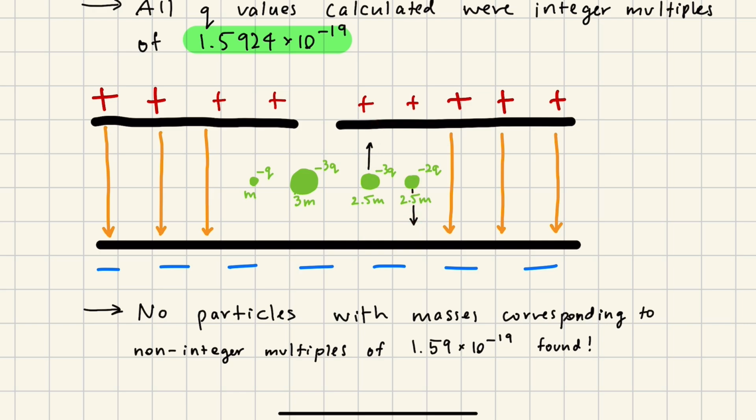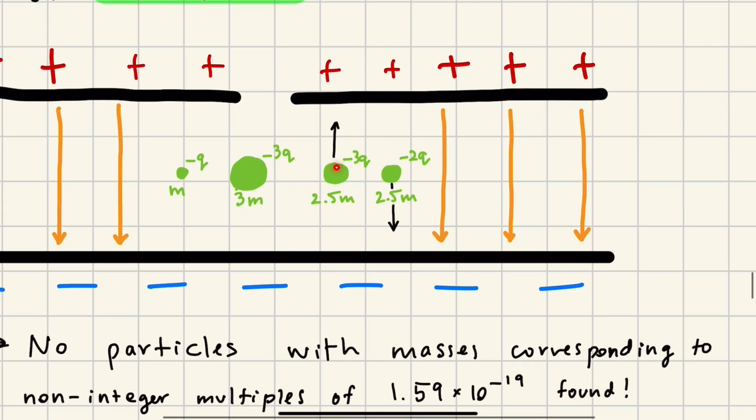Millikan's explanation for this is that charge cannot be continuous, or else this 2.5 m particle could have just had a charge of minus 2.5 q and be suspended in midair. It must be that the particle with mass 2.5 m has a charge of either negative 3q or negative 2q or negative q or some other integer multiple of q, which will cause it to either be attracted upwards, like in this case, or pulled downwards by gravity.